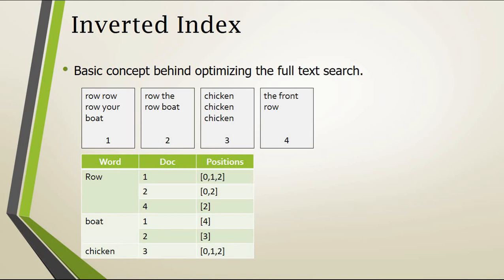So in this case as well, we can eliminate documents 3 and 4. So let's try to find out whether document 1 contains the phrase. In document 1, positions of the word row are 0, 1 and 2.